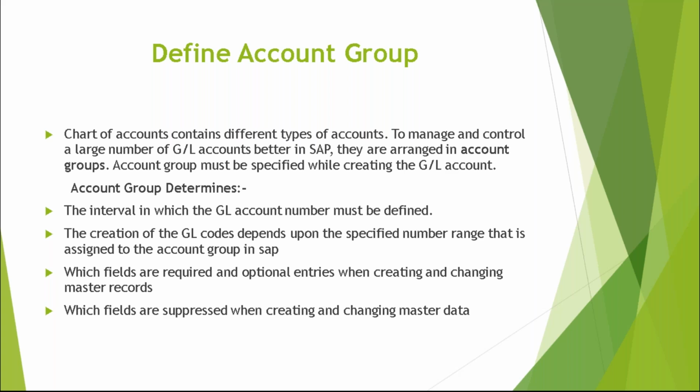Now the chart of account contains different types of accounts to manage a large number of GL accounts. So in SAP, we need to arrange the accounting groups. For example, if I create a customer or a supplier, that particular ledger has a nature, so it might be within the liabilities, or within the assets. Expenses shall come under expenses, and anything I create as income needs to come under income.